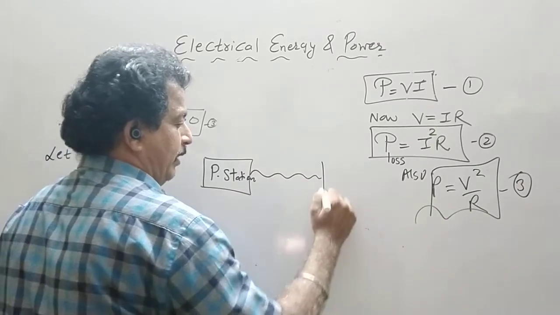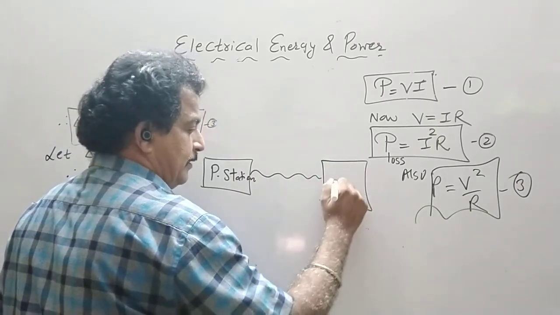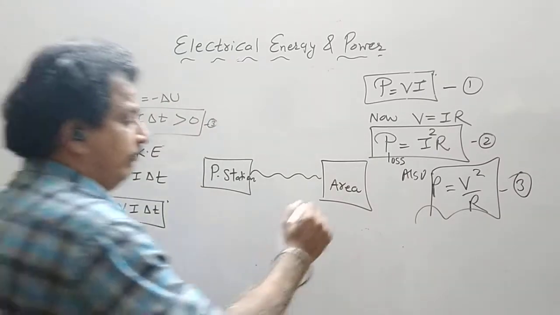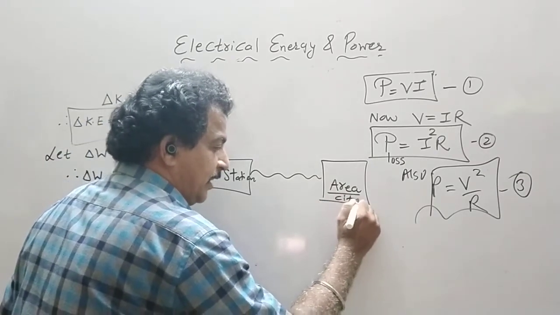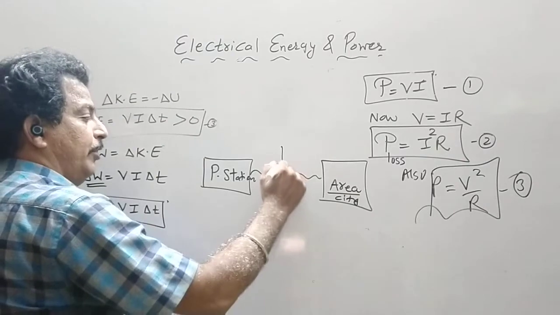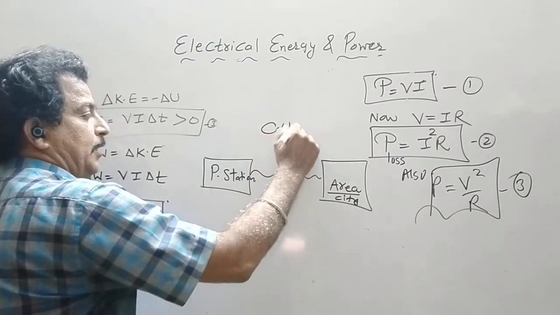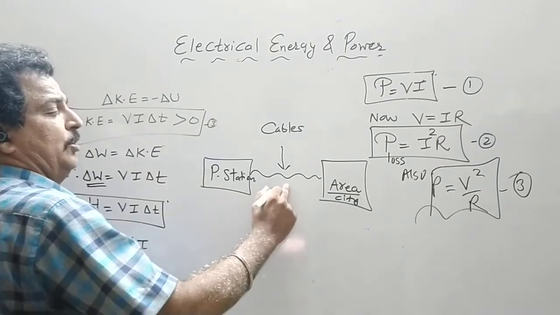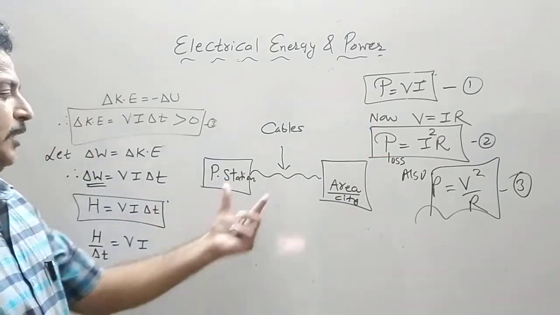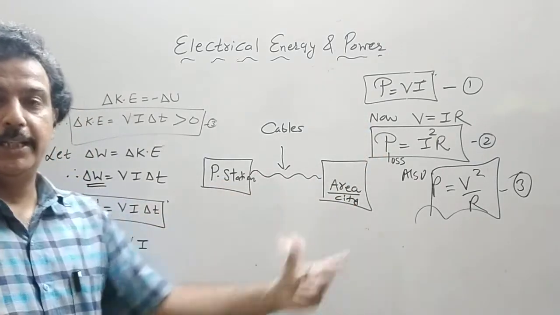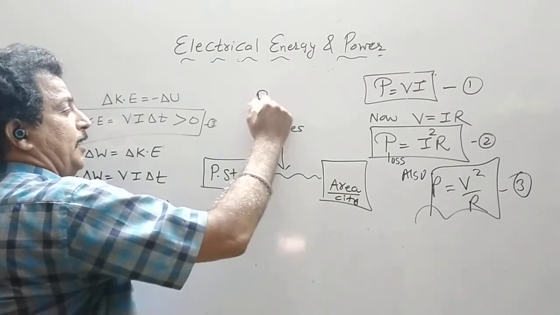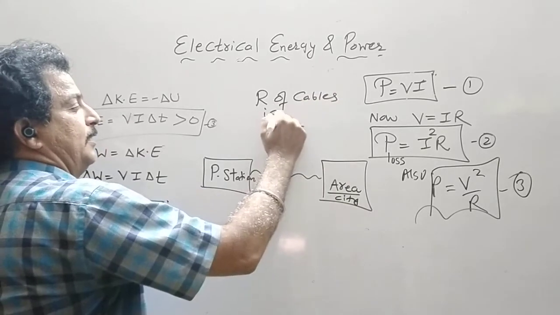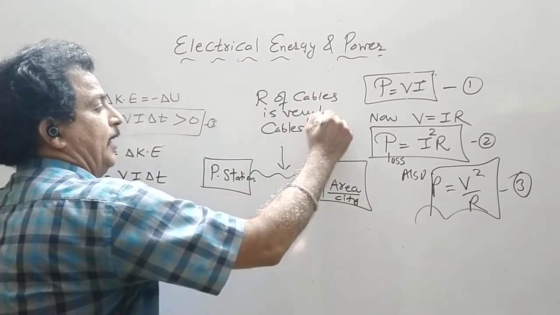Now this is the cable wire, and this is an area or a city where the power has to be transmitted with the help of these cable wires. Since the length of this cable wire is very large because it is connecting a power station to an area or city, the resistance of the cables is very high.